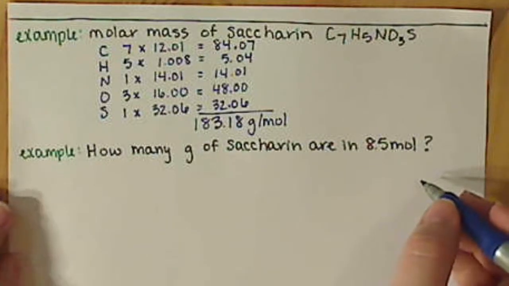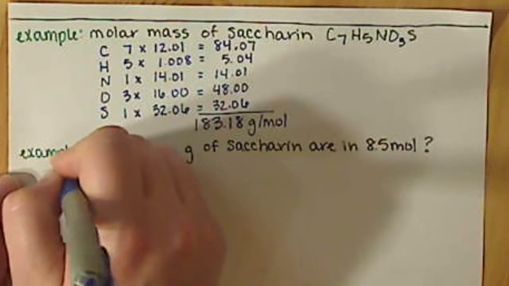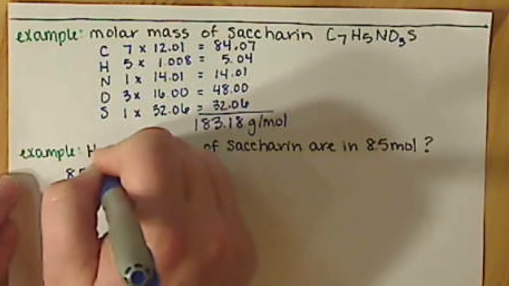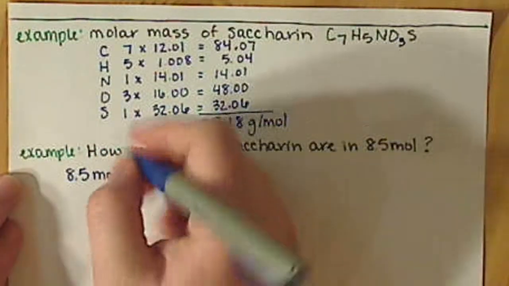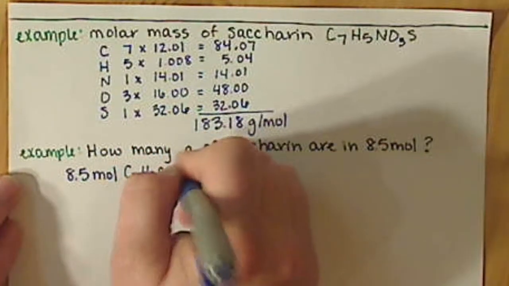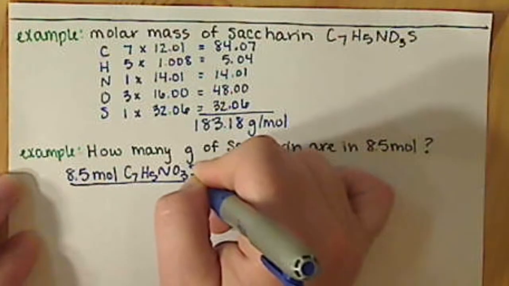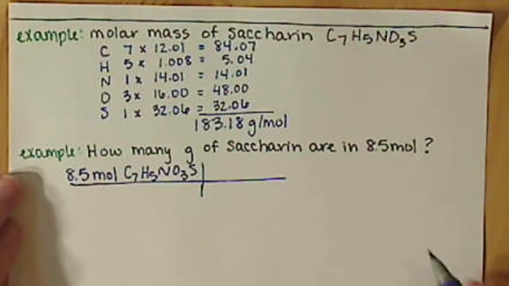And feel free to pause the video and try it out on your own. So we're going to start with our 8.5 moles of our saccharin, so our C7H5NO3S. Set up a conversion factor.